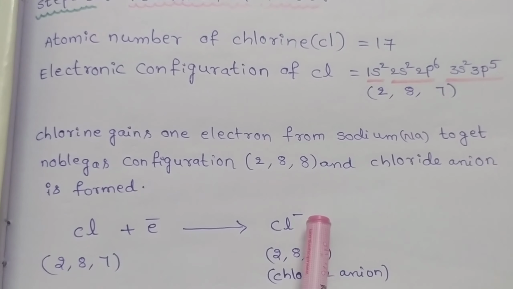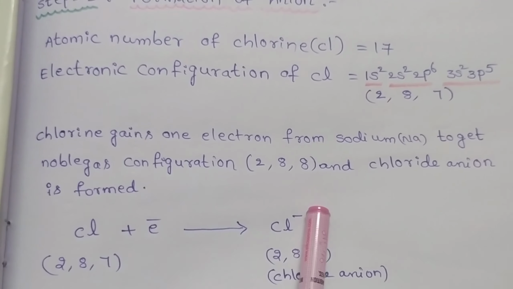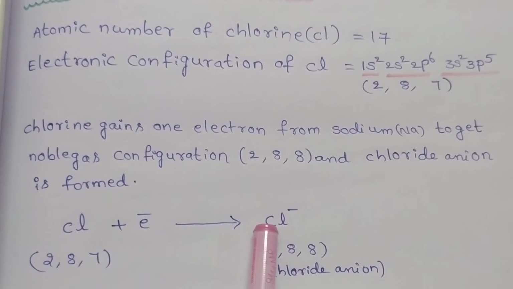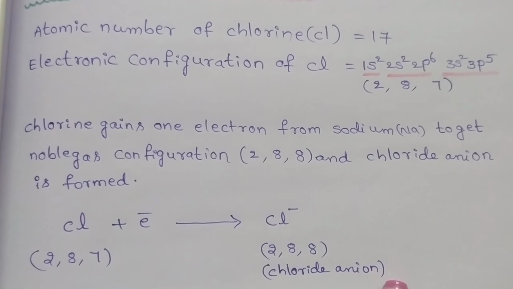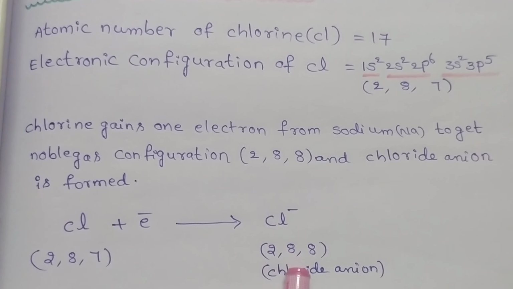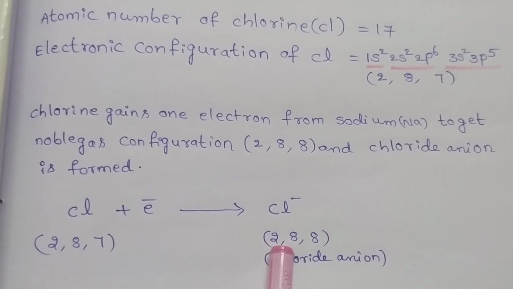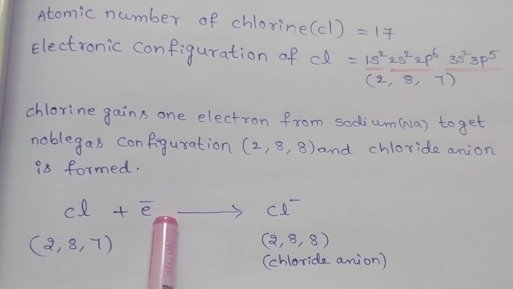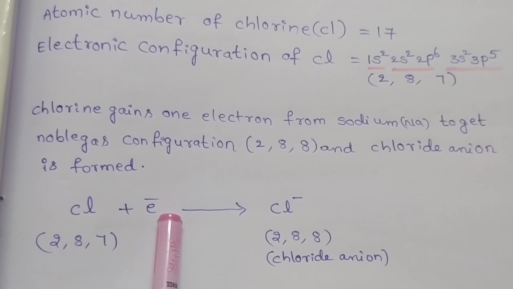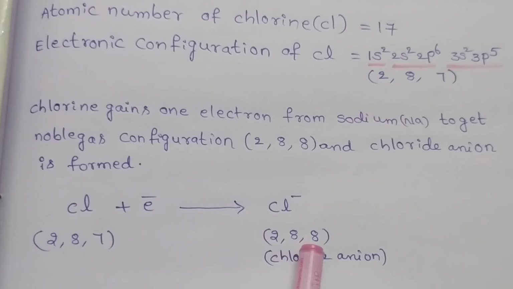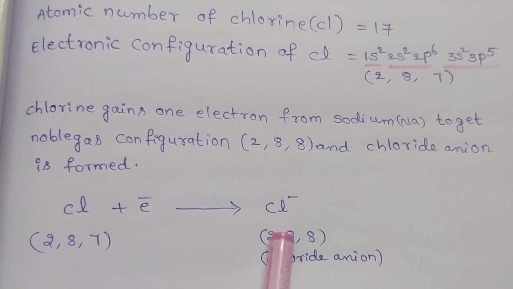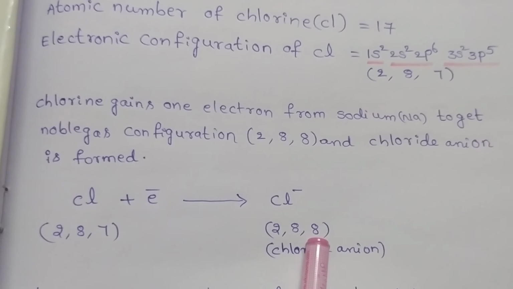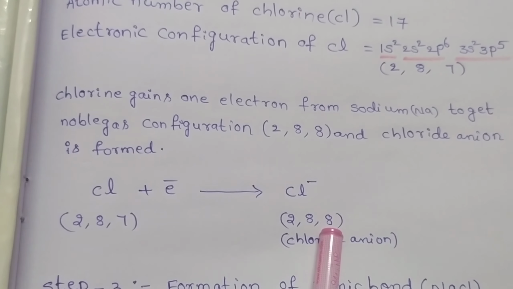That means the negatively charged species or atoms are called anions. This is the chloride anion. This chloride anion has the electronic configuration 2, 8, 8 after gaining one electron from the sodium atom. In this state, the chloride anion is very stable because it now has 8 electrons in its valency shell.